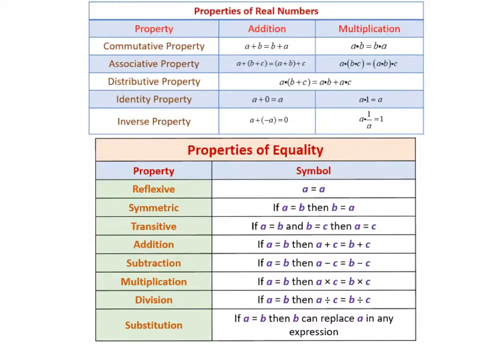Next, let's talk about some of the properties that we'll deal with in real numbers. At the top here, we have the properties of real numbers: commutative, associative, distributive, identity, and inverse. Obviously, you can read them. 3 of those we don't really care too much about, at least I don't personally, but there's 2 of them that are very important, and you should know what they are: distributive property and inverse property.